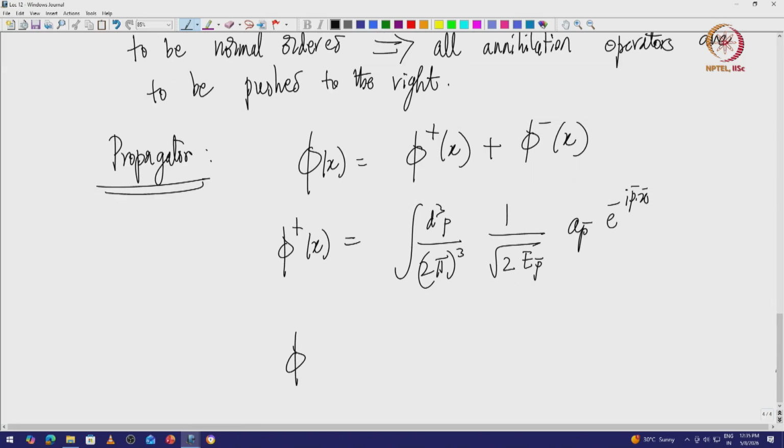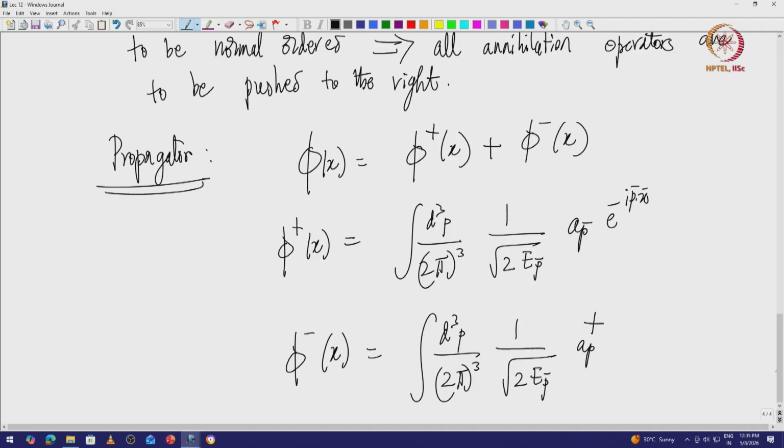So phi minus of x: I just wrote the annihilation and creation operators separately, with the creation operators with negative wave functions essentially.